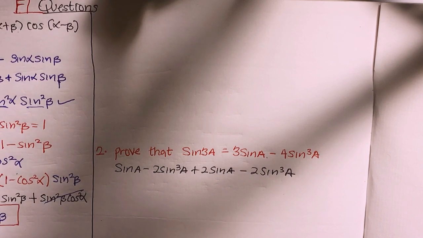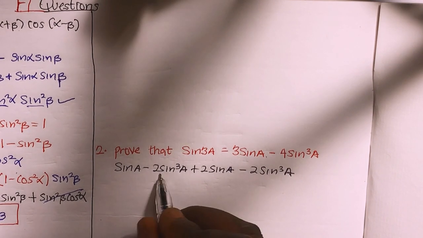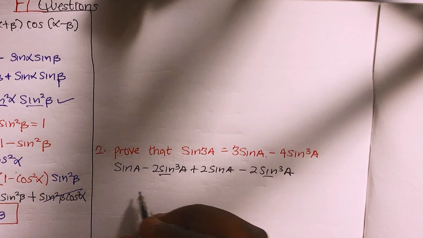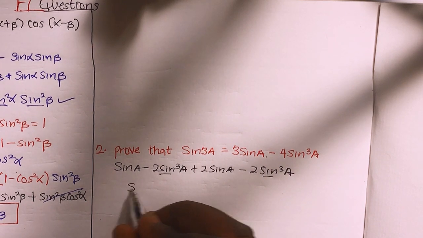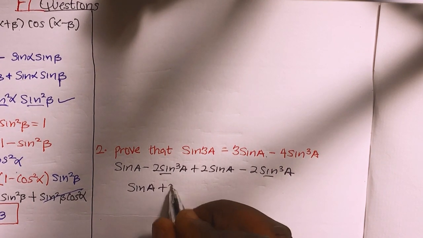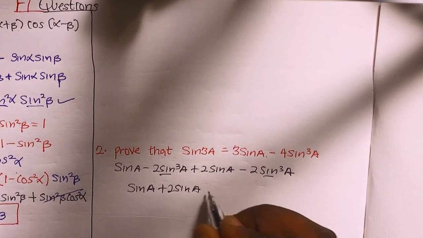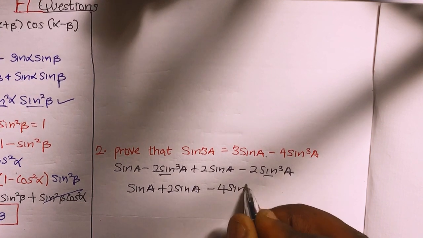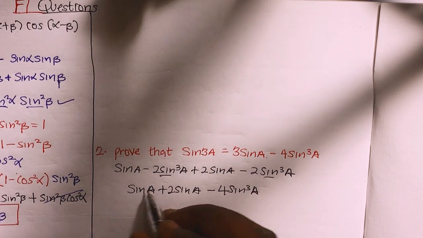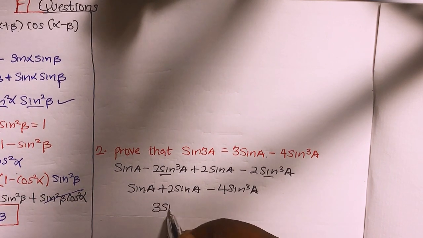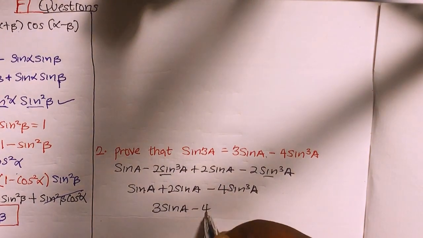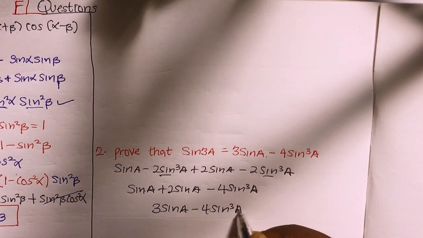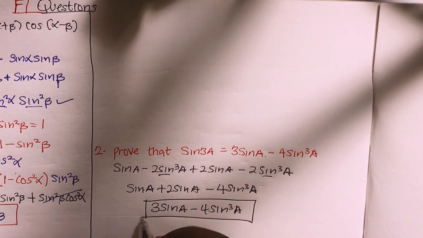Let me just go ahead and simplify. This plus this will give me sine a plus 2 sine a, minus 4 sine cube a. Then this will give me 3 sine a minus 4 sine cube a, which is what? Proved.